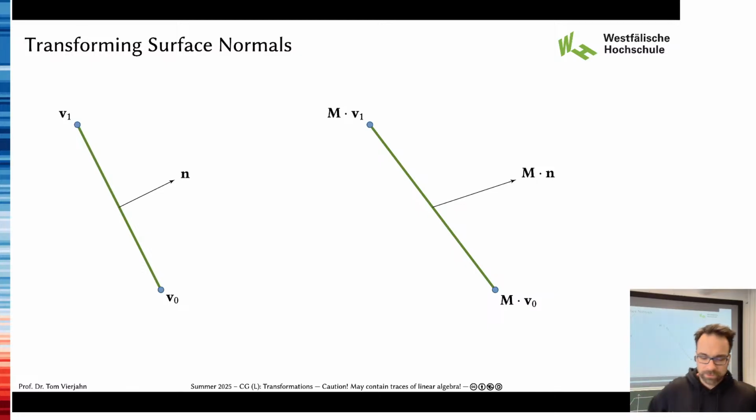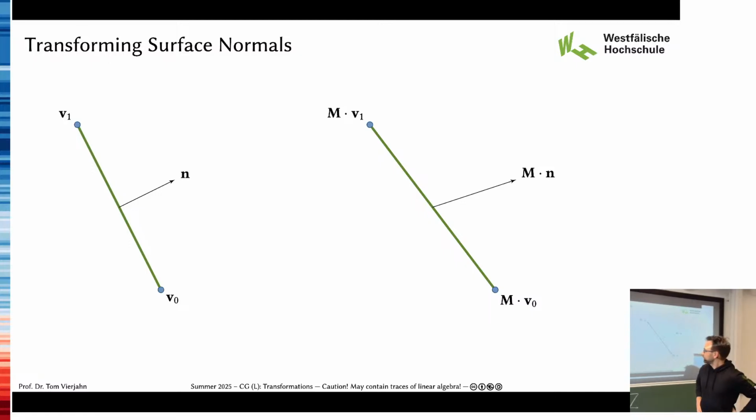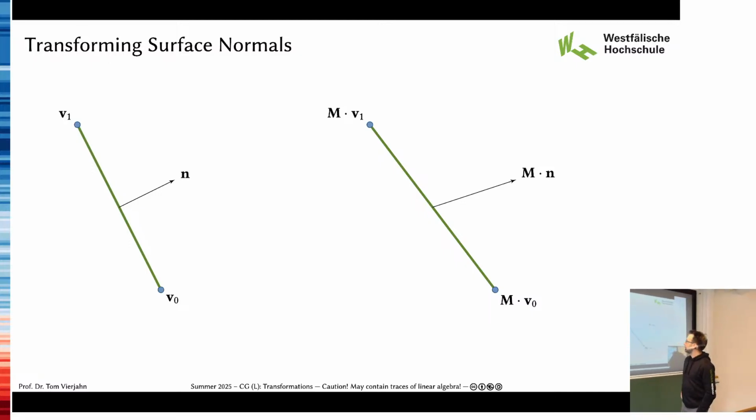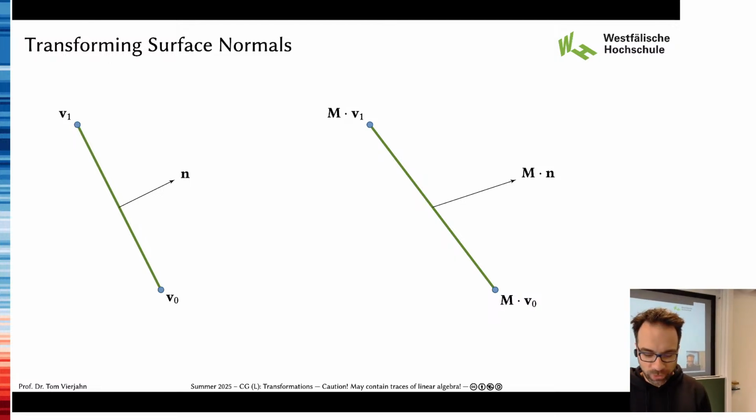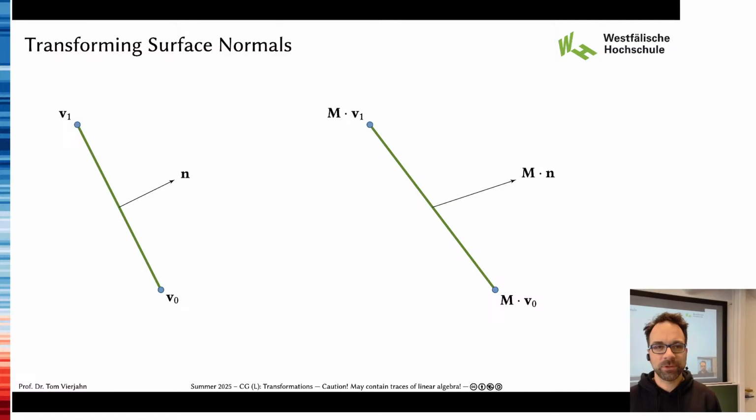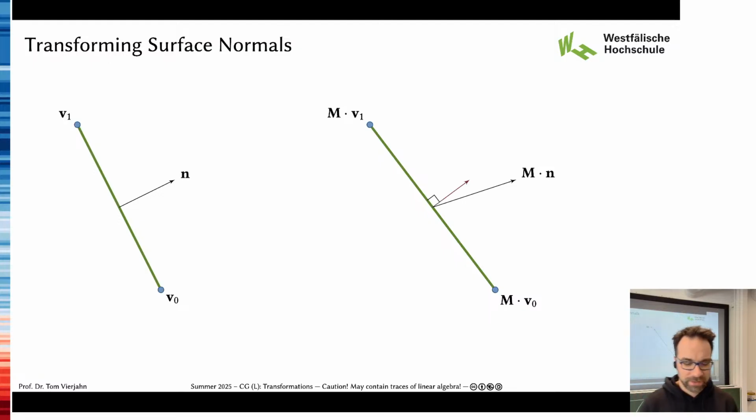What do you think about the normal after the transformation? Is this still a normal for the transformed triangle? Well, it got longer, so it's not normalized anymore, but it isn't perpendicular anymore.